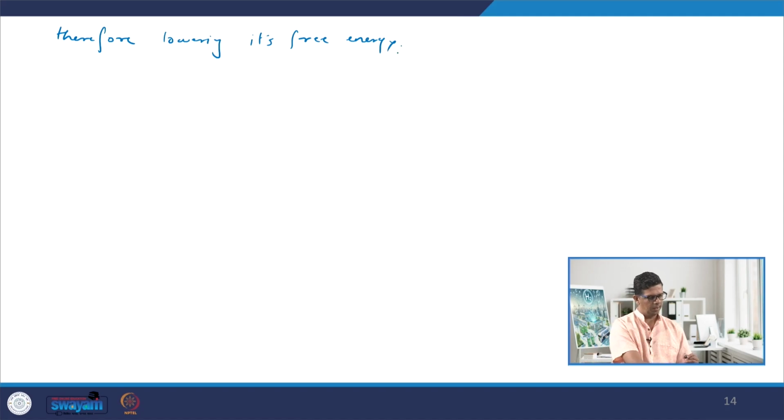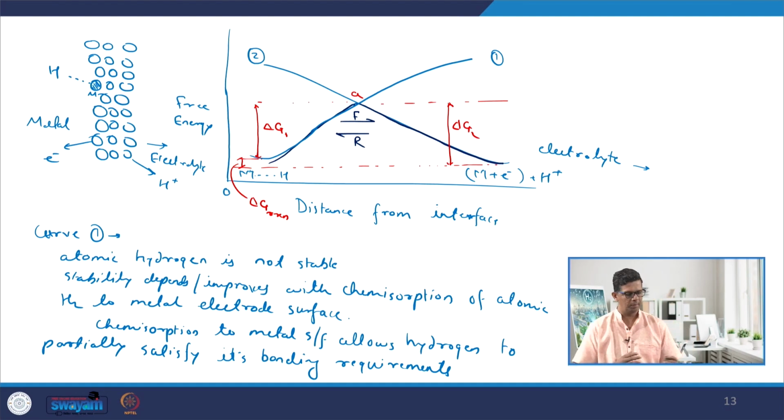Basically, if we take it away from the metal interface, its free energy will increase. So, chemisorbed hydrogen will always be stable with the metal interface.